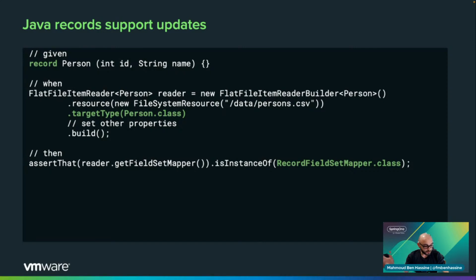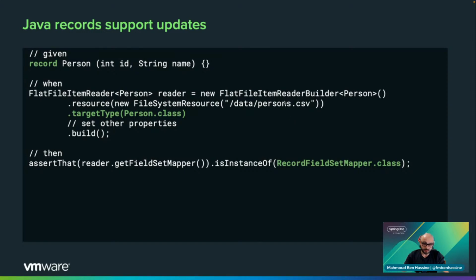And if those people who design those types decide to move from classes to records, Spring Batch users will be covered by this feature. So we don't have to change any configuration of the reader or the writer and so on. That's the importance of this feature.